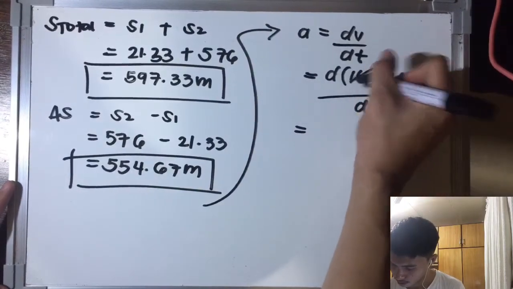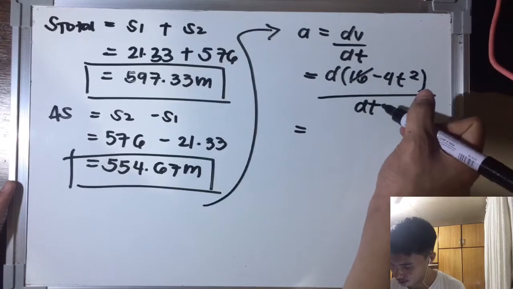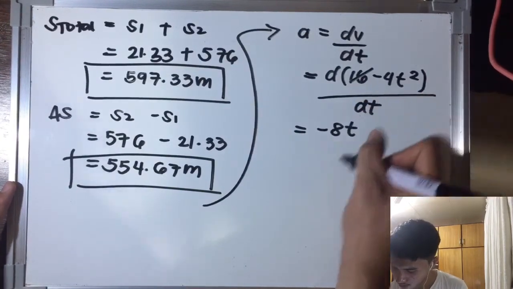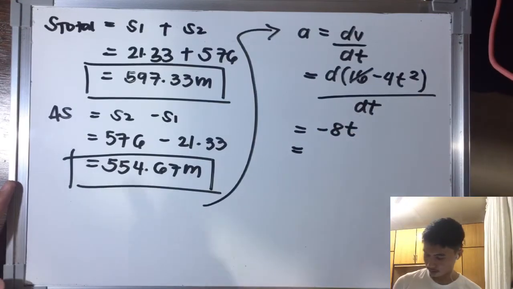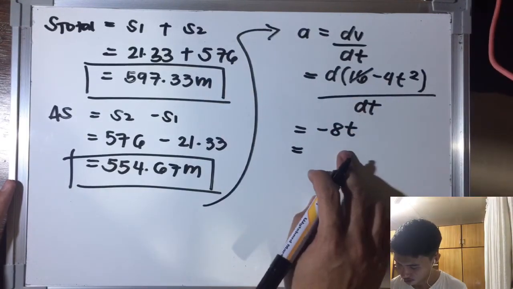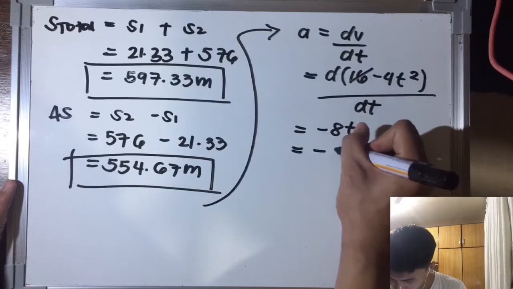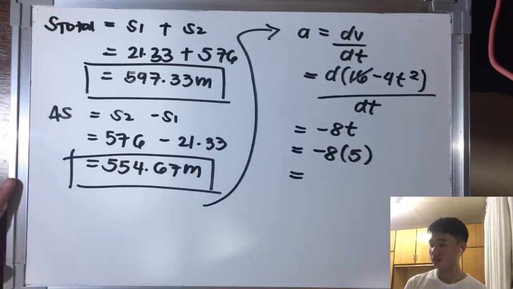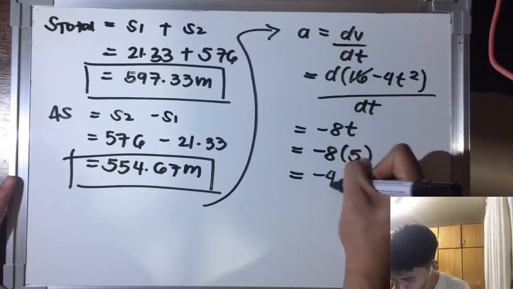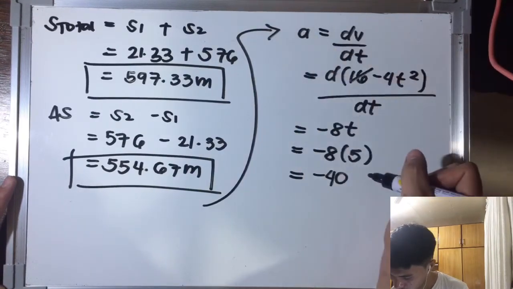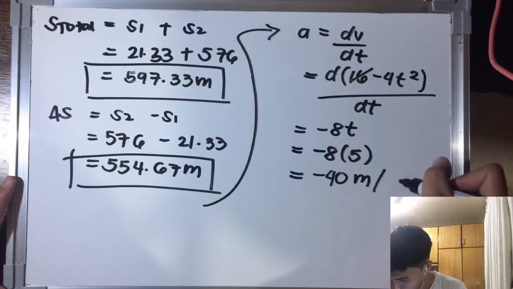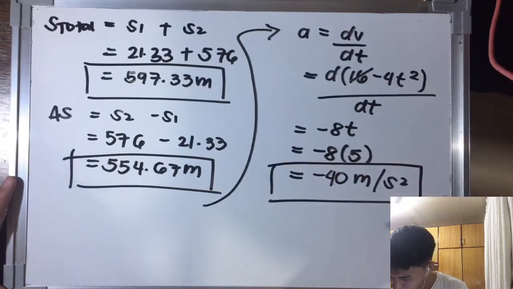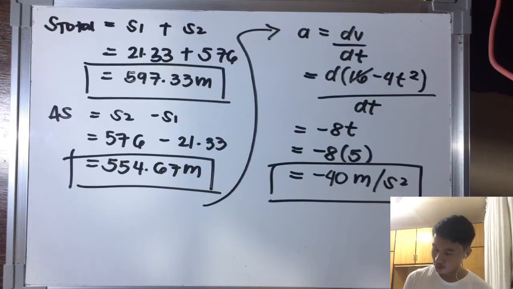The derivative of 16 will be 0. The derivative of negative 4t squared is negative 8t. The last thing that we are going to do is substitute the value of t, which is 5 seconds. So negative 8 multiplied by 5 will give us negative 40. Since it is acceleration, the unit is negative 40 meters per second squared.